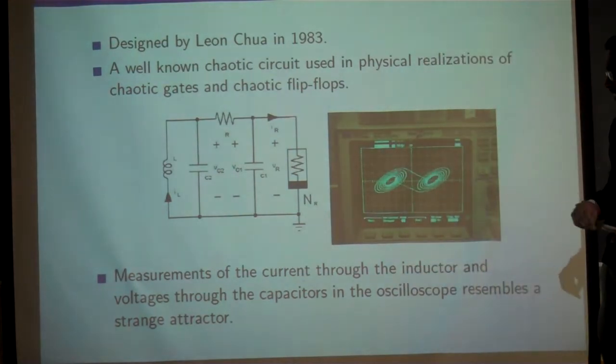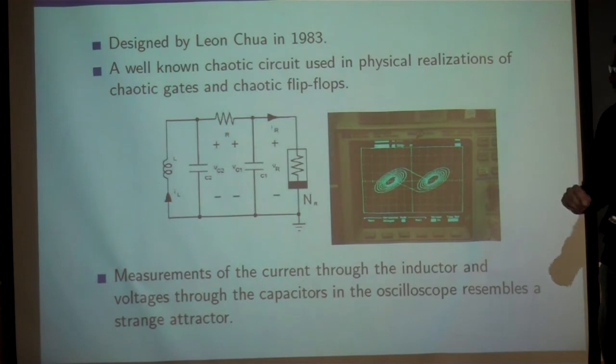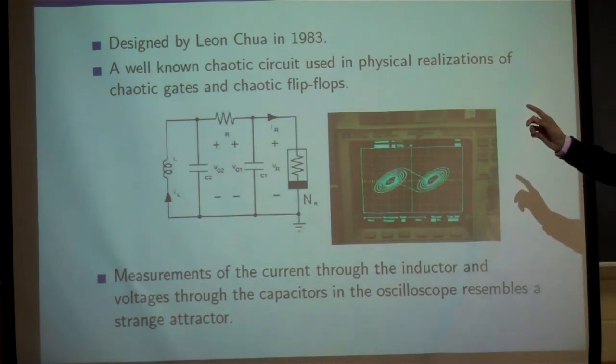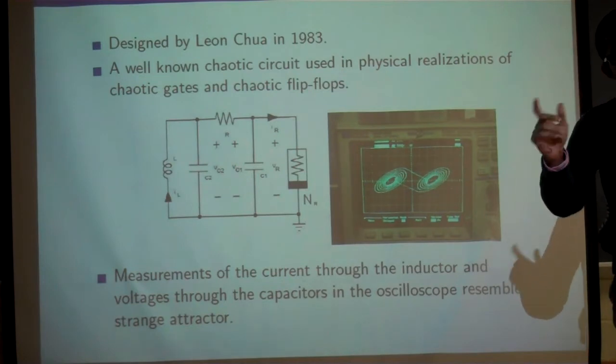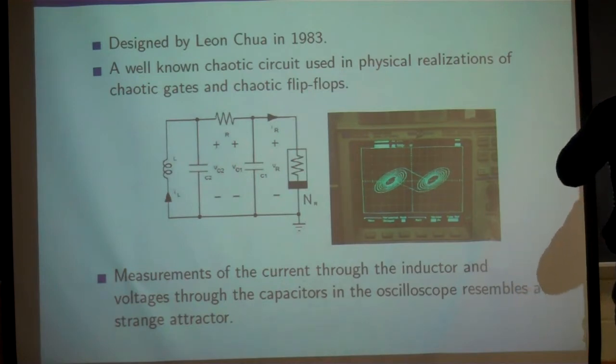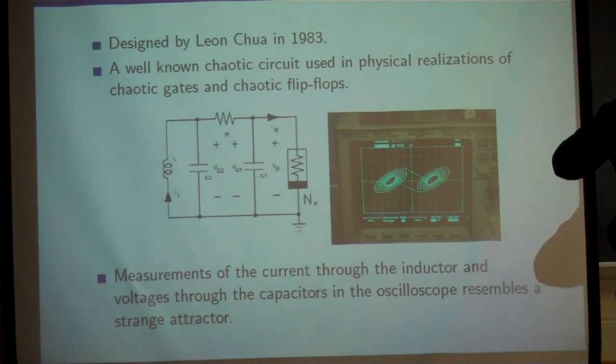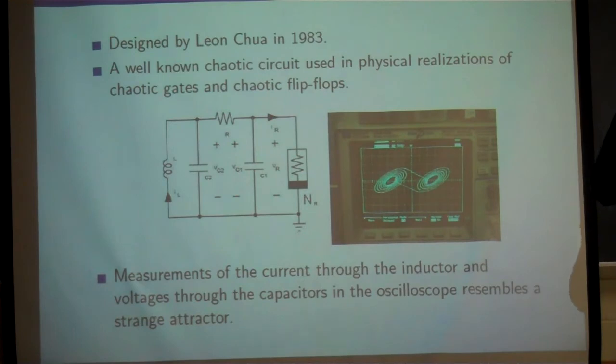So what's a nonlinear resistor? A nonlinear resistor is a resistor where the current as a function of voltage is nonlinear. We remember from freshman physics courses that V equals IR in a standard resistor. So we can think of the current there as a function of the voltage.